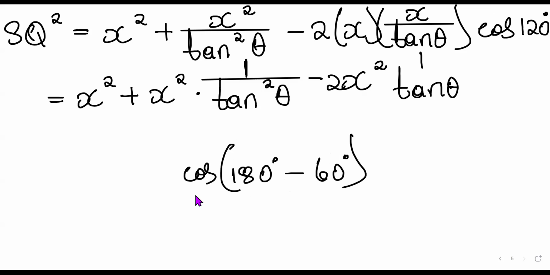And the cosine of 180 degrees minus, this is in the second quadrant, cosine is negative. So I can replace this with negative cosine 60 degrees.